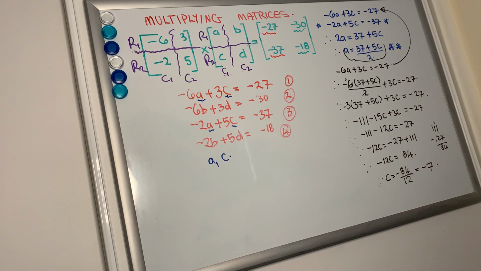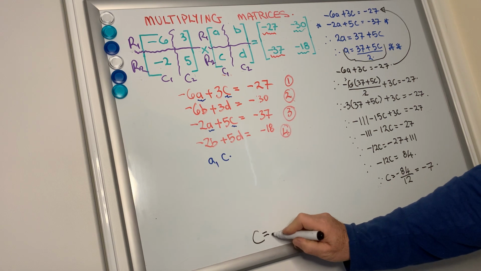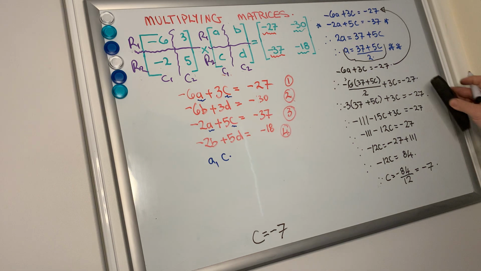Okay? 84 divided by 12 is 7. 7 to 14, 7 1 is 7, and 8, 84. Therefore, I can now say c is equal to minus 7.